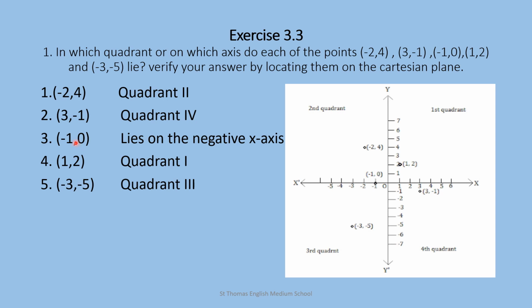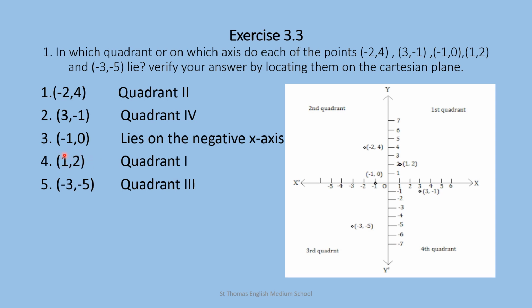Now moving to the next point, (-1, 0). The x coordinate is negative, y coordinate is 0. When the y coordinate is 0, the point lies on the x-axis. Since the x coordinate is negative here, the point lies on the negative side of the x-axis. Now moving to the next coordinates, (1, 2).